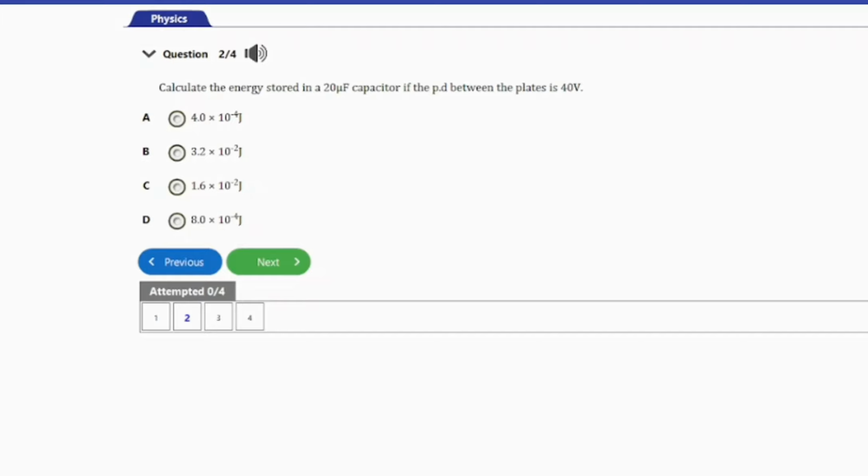It says, calculate the energy stored in a 20 microfarad capacitor if the potential difference between the plates is 40 volts. So guys, for this, we're going to simply make use of the formula E is equal to half CV squared. So where C here is 20 microfarads, that's 20 times 10 to the power of negative 6, or we can say 2.0 times 10 to the power of negative 5.